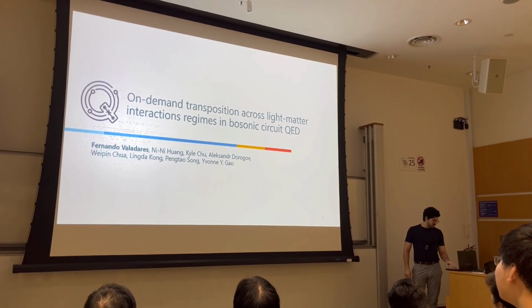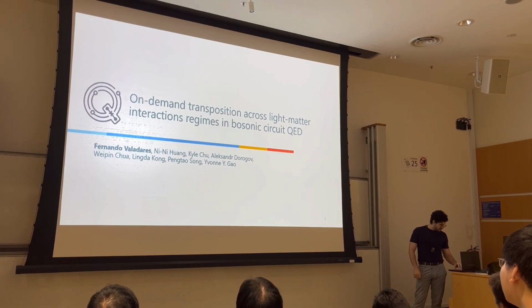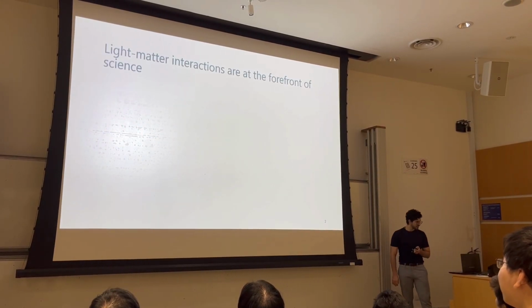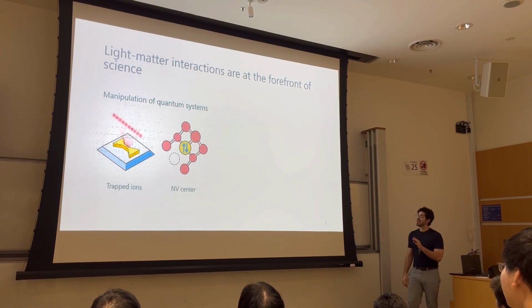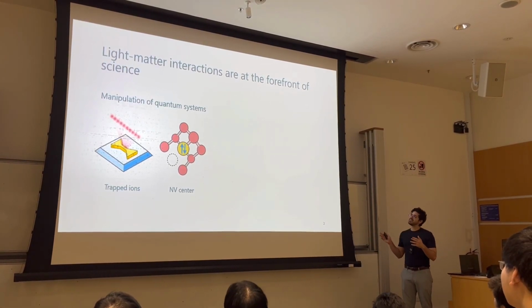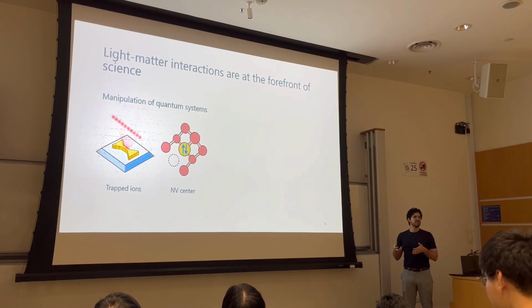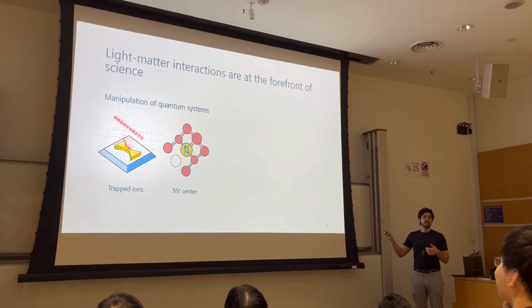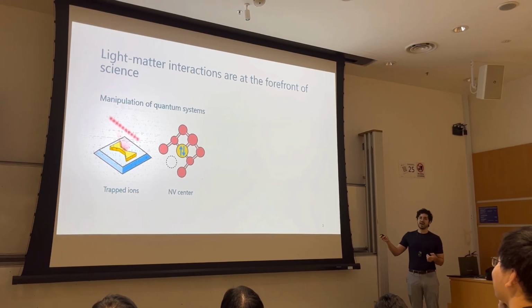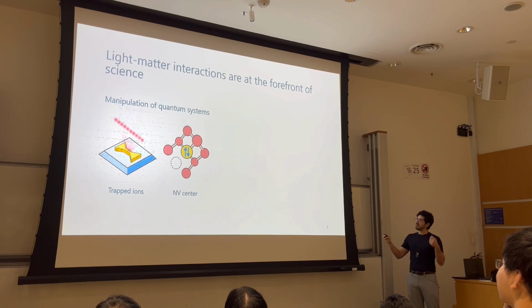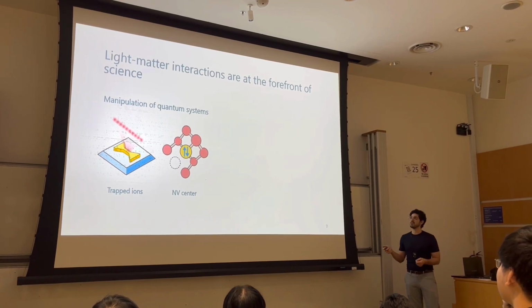So our motivation is very clear. We are interested in light-matter interactions because they're still at the center of physics research. For example, in quantum technologies to manipulate single excitations in trapped ions using optical lasers, or to manipulate spins in NV centers using microwave radiation.